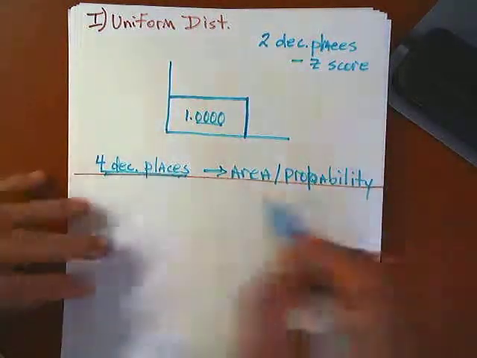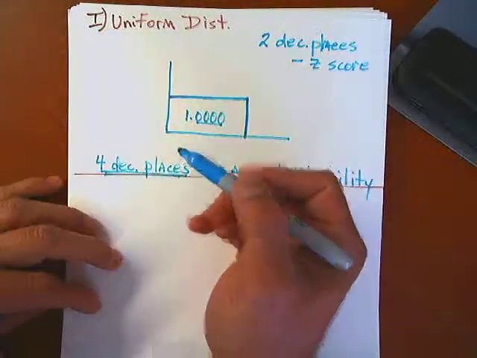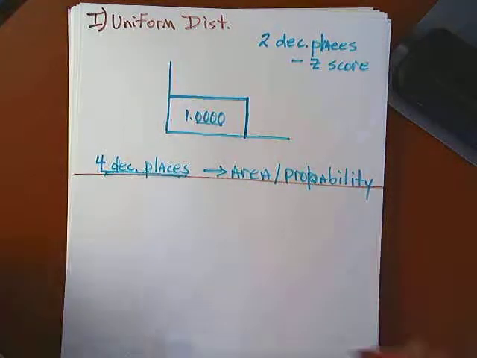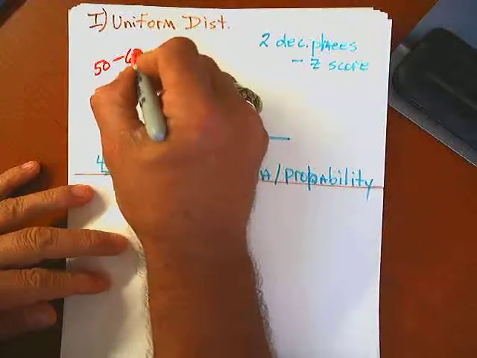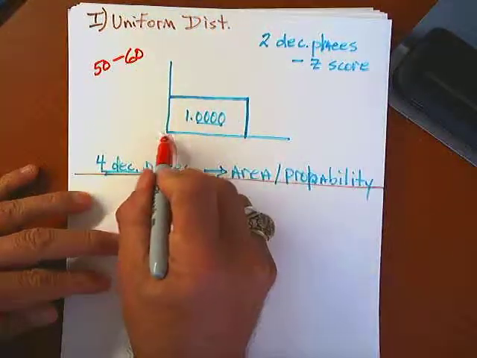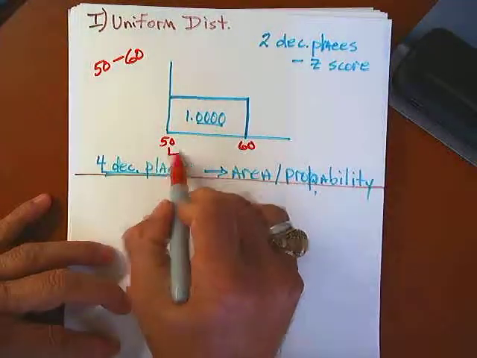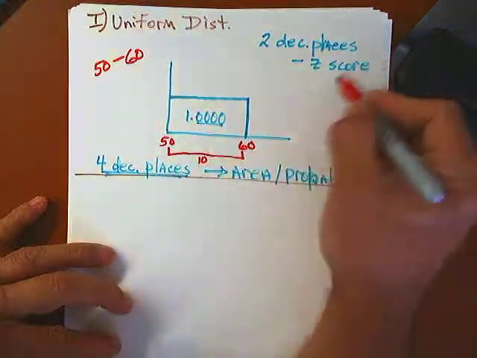you're not going to be using the z-scores because you're going to be using the actual setup of the question. Let's say that a teacher meets every day in a classroom, and he or she usually cuts off class between 50 and 60 minutes. So that would be 50 here and 60 here, and we know that this distance is 10.